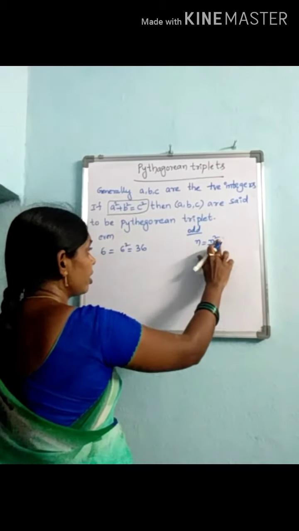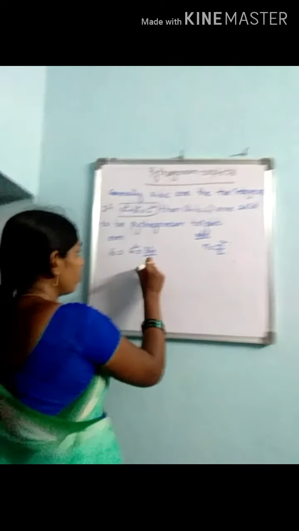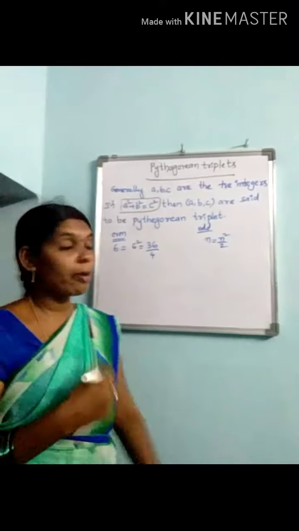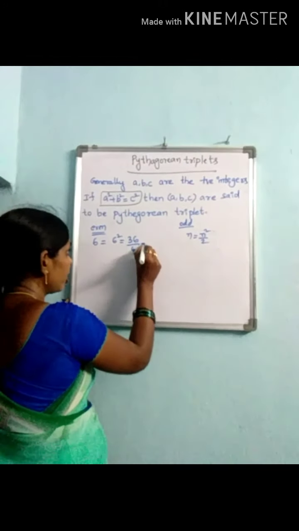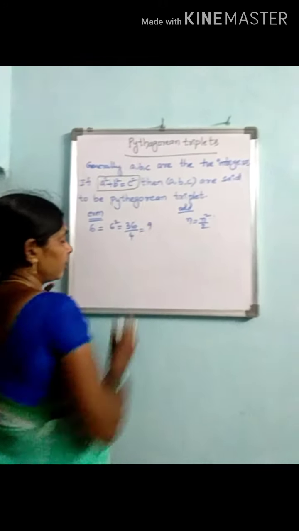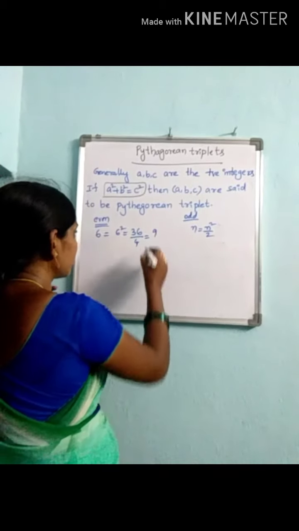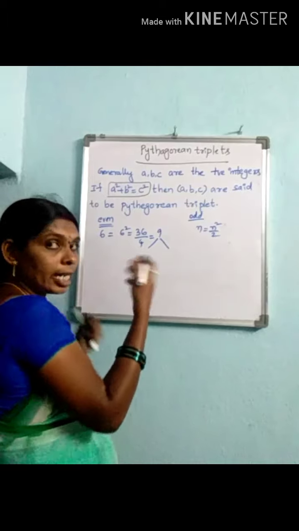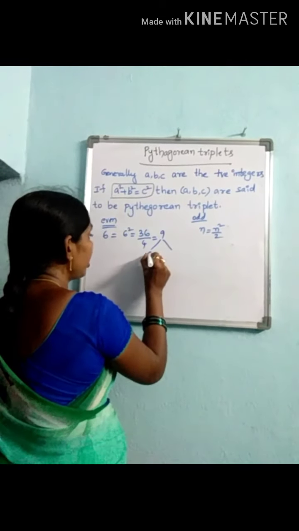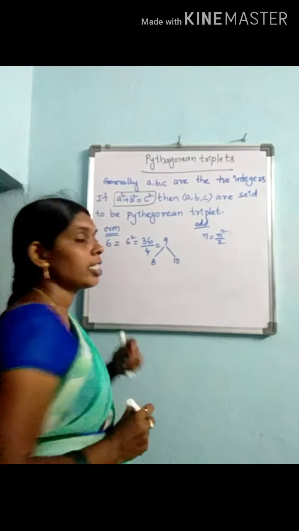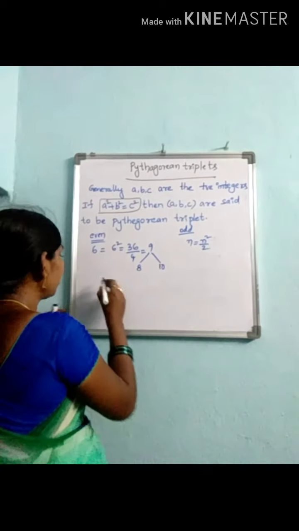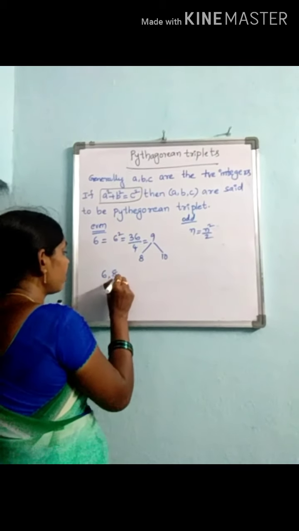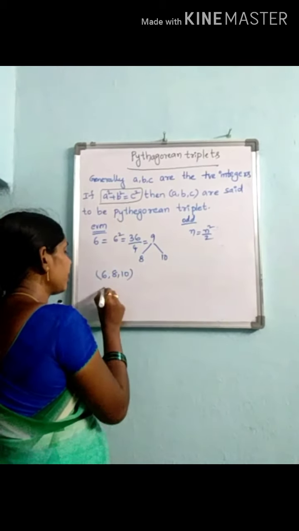Here we take an even number, so we divide by 4. 4 nines are 36. So this 9 is between 8 and 10. Is it not? 8 and 10. So then 6, 8, 10 are called Pythagorean triplets.